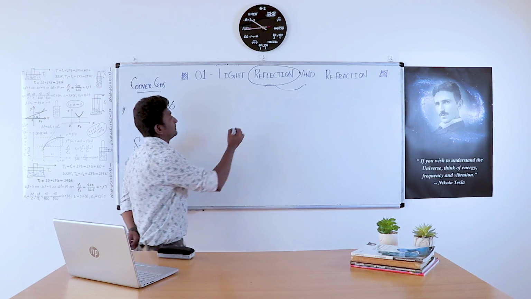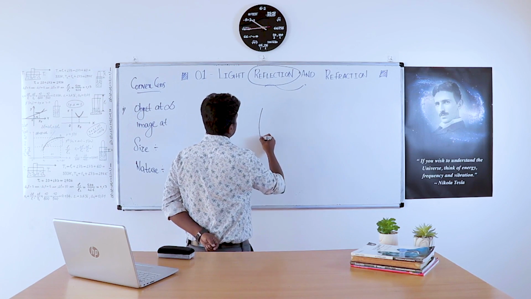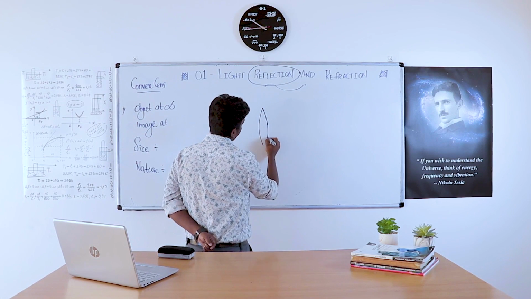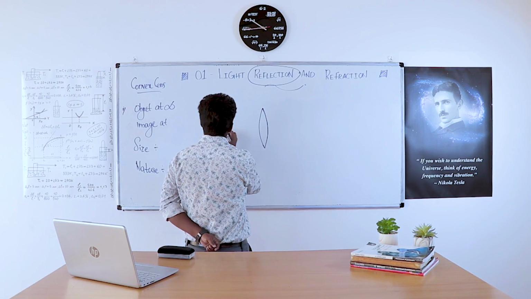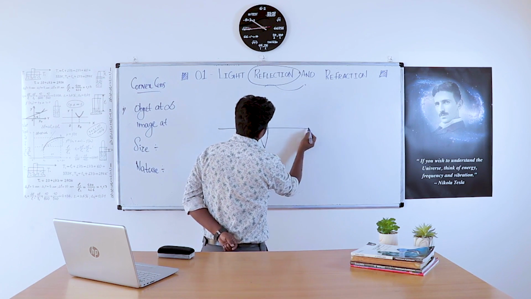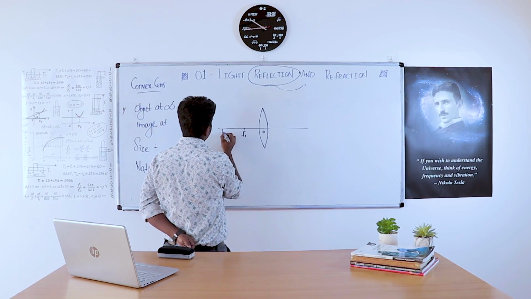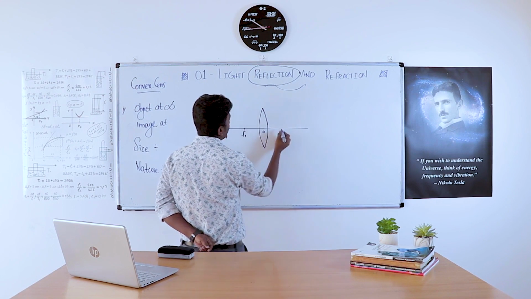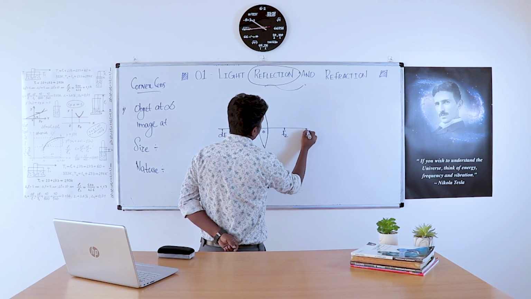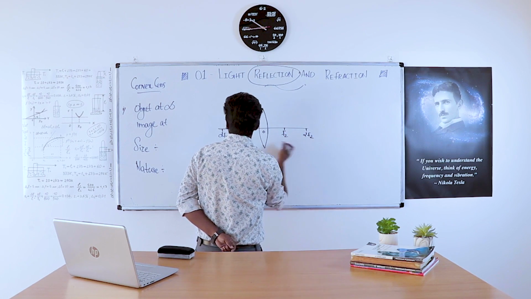So we can draw. This is the case of a convex lens. So I am drawing a convex lens. This is our convex lens. Principal axis, optic center, F1 to F1, F2 to F2.